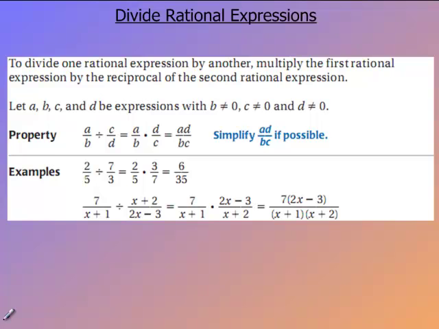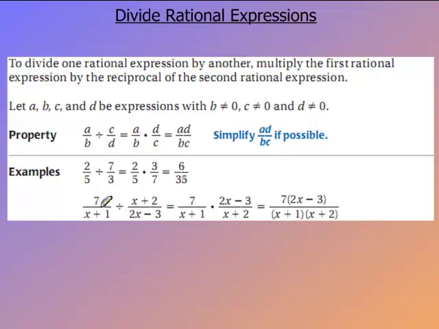Now let's look at the next operation, which is going to be division. And dividing is just about as easy as multiplication. You just take something as simple as 2/5 divided by 7/3. You just flip one of them, in this case the second one, and then multiply straight across. So flip and multiply. Generically, a over b divided by c over d is equal to a over b times d over c, and multiply.